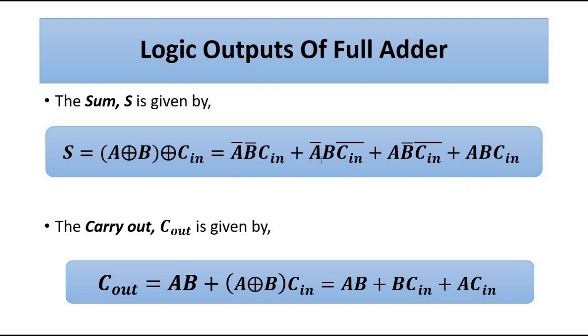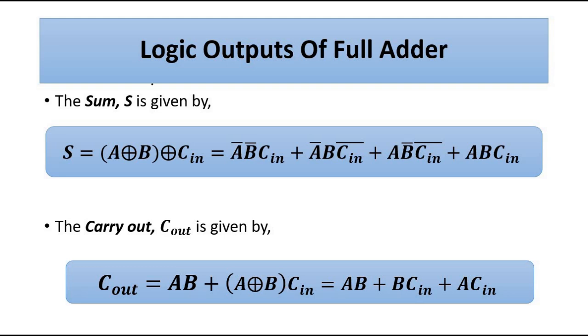So finally we have this output: A bar B bar Cin, or A bar B Cin bar, or A B bar Cin bar, or A B Cin. And the carry output is given by A B or (A XOR B) Cin. This product again stands for AND operation.